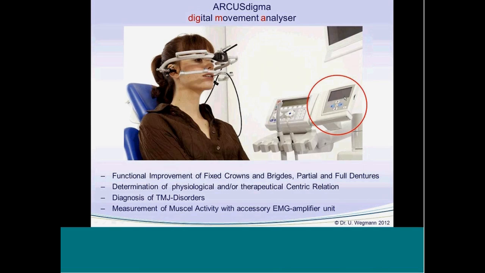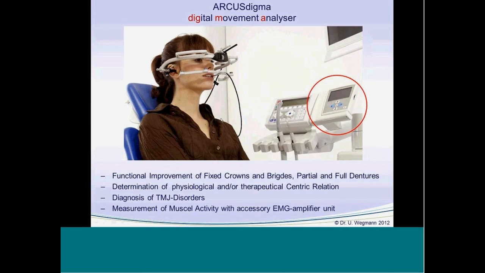Then you can store the data on the left side of this unit. Here you can insert a memory card, and all your registration data will be stored on this memory card, and you can transfer the data to your PC via memory card as well as with a USB connection. When can we use the Arcostigma?